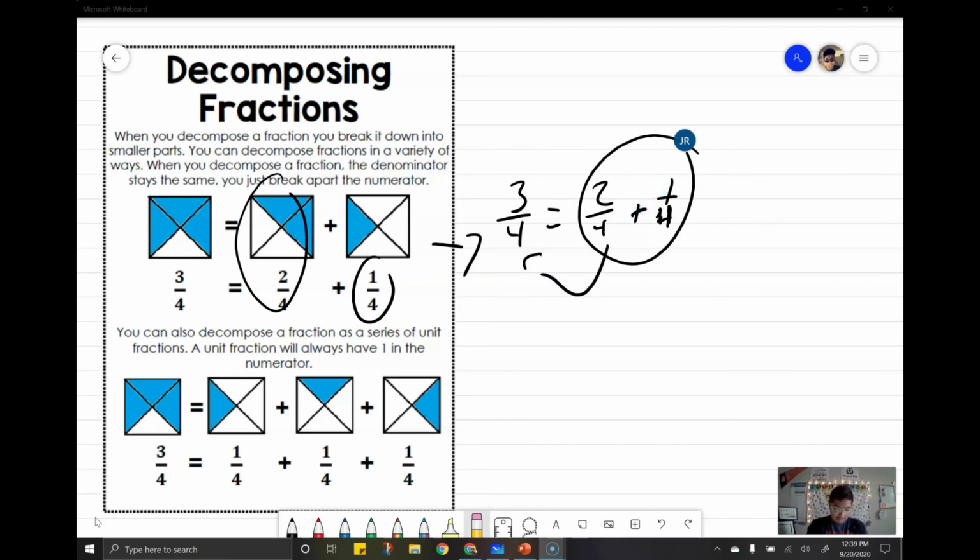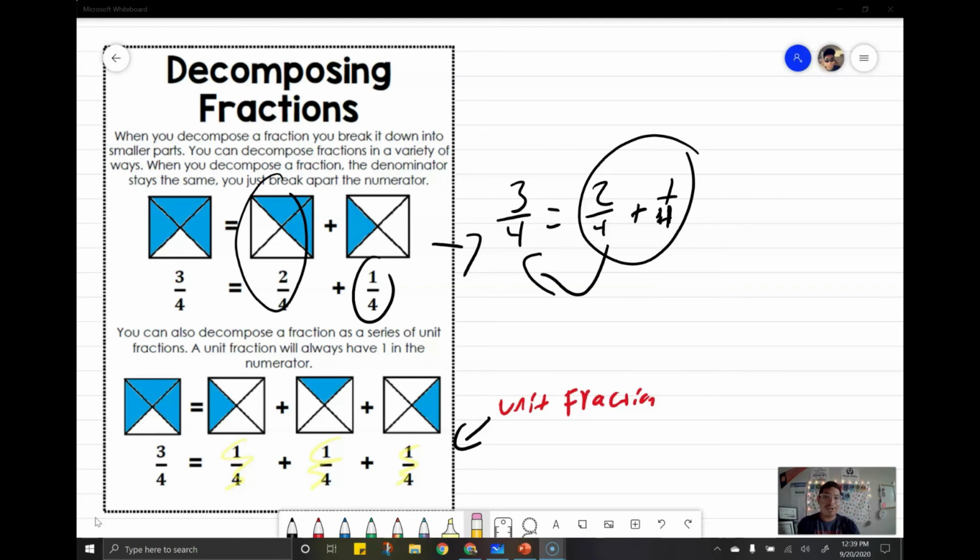Combining this, they got that. 2 plus 1 is 3, 3/4. Yes, they did. Isn't that cool? And look right here, they did it into its unit fractions. 1/4 plus 1/4 plus 1/4. That's a unit fraction. So there's many different ways to do this.